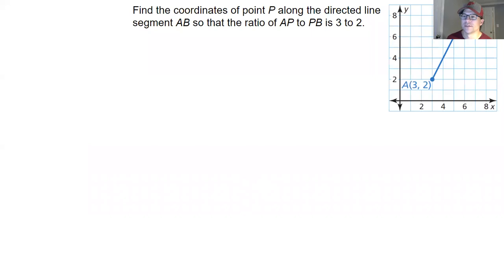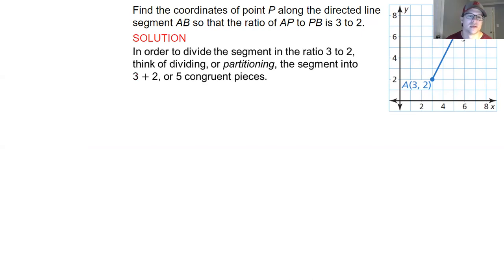So jumping in with the first example right away, dealing with partitions of directed line segments. Find the coordinate P along the directed line segment so that the ratio is 3:2. You're given two coordinate points, A and B, at (3, 2) and (6, 8). There's some point P along this line that's going to create a ratio of 3:2 of these two line segments.